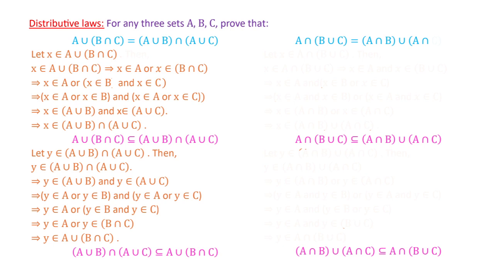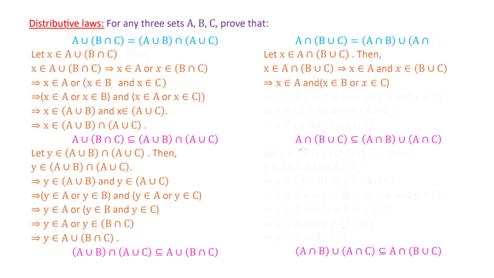The proof is on similar lines as in the previous case. We consider an element of the set on the left hand side, then by replacing union and intersection with "or" and "and", we can write the statements in this form. Now we can arrange this statement in this way.